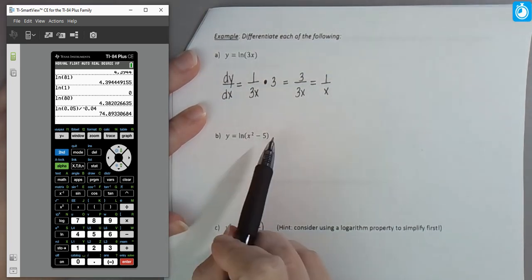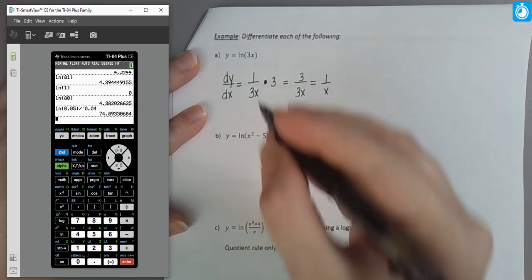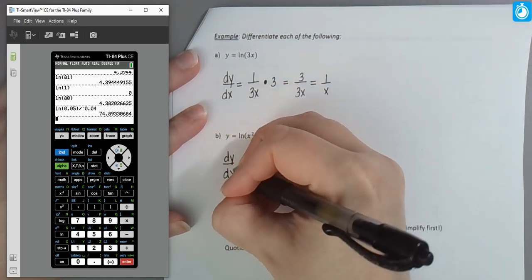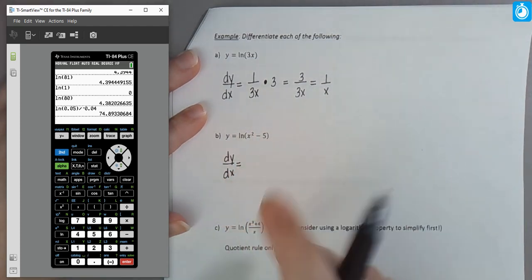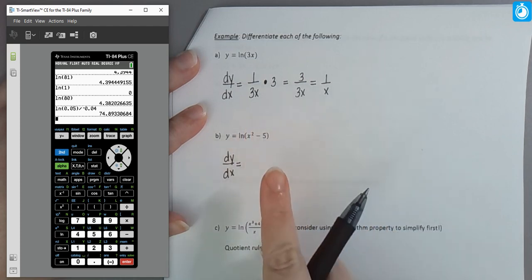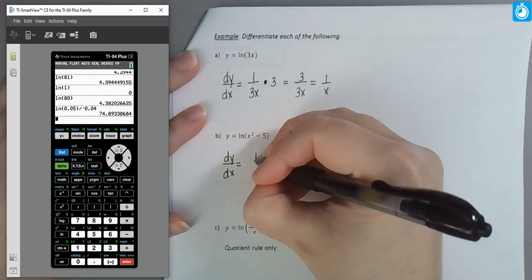Okay, that will not happen in this case because we have something a little bit more complicated inside this natural log. So what's our derivative here? We'll again start with the outer function. So the derivative of the natural log is going to be 1 over whatever's inside the natural log. So 1 over x squared minus 5.